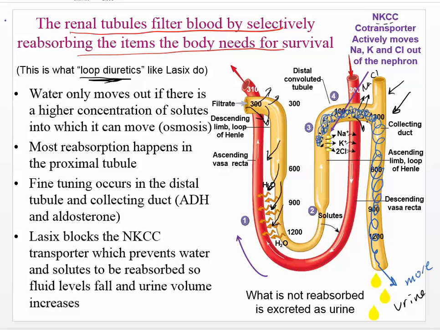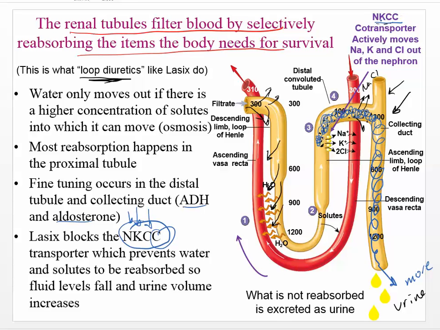Water only moves out if there's a higher concentration of solutes into which it can move, osmosis, so it only moves to where there are more particles. Most reabsorption happens in the proximal tubule. Fine-tuning occurs in the distal tubule and collecting duct. I mentioned ADH, aldosterone. Lasix blocks the sodium potassium chloride cotransporter. That's what that means: sodium N, potassium K, chloride C, and then the cotransporter.